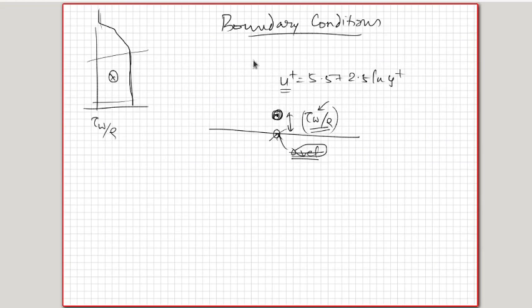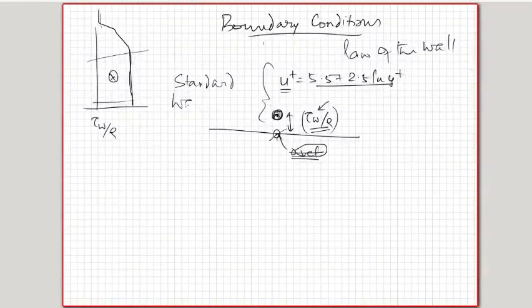This is what we call the law of the wall, and the boundary condition specification using the law of the wall is normally called the standard wall function models.